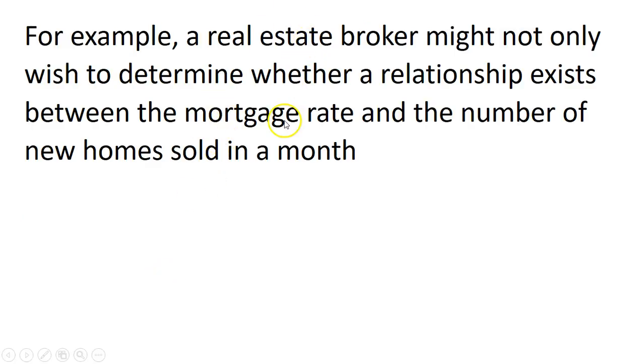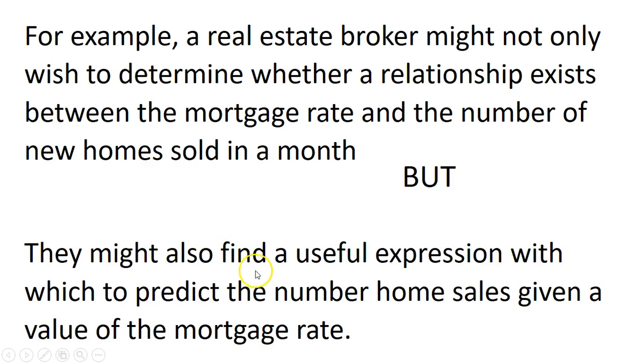So for example, a real estate broker might not only wish to determine whether a relationship exists between the mortgage rate and the number of new homes sold in a month, but they might also find a useful expression with which to predict the number of home sales given a value of the mortgage rate.